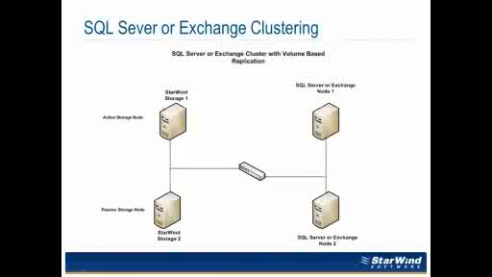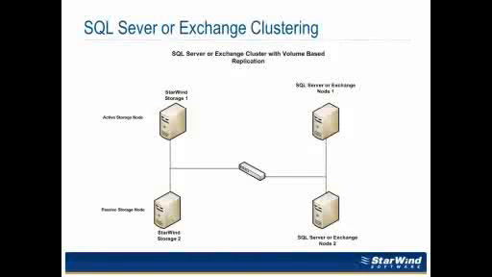As data is written to this active node, it is then replicated down to this passive storage node. So this passive node simply sits there waiting. It receives data from the active storage node. As the blocks are committed here, they're pushed down to the second storage node, and that passive node acts as your warm copy of the data.